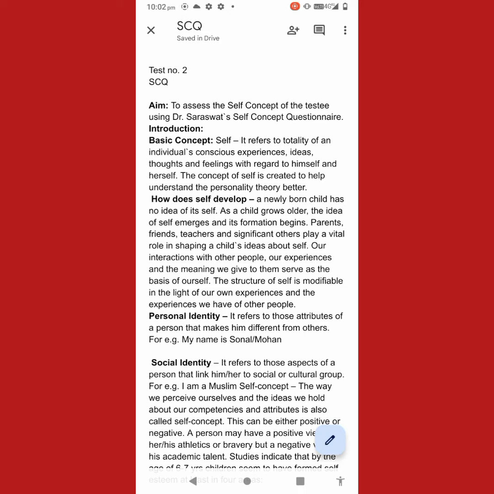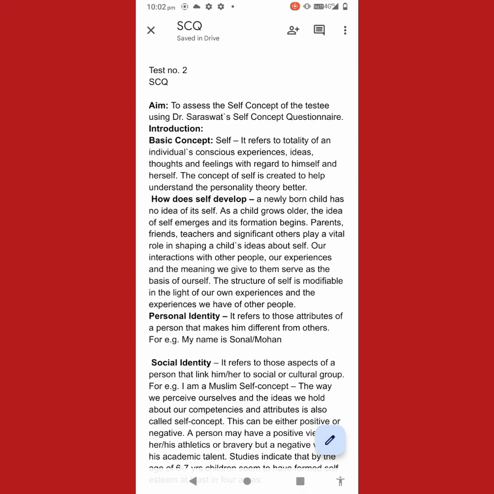Then you can talk about personal identity in this introduction. It refers to those attributes of a person that make him different from others. That brings uniqueness, like your name. Sonal could be many, but Sonal Bedi or Mohan, you yourself are unique, isn't it?